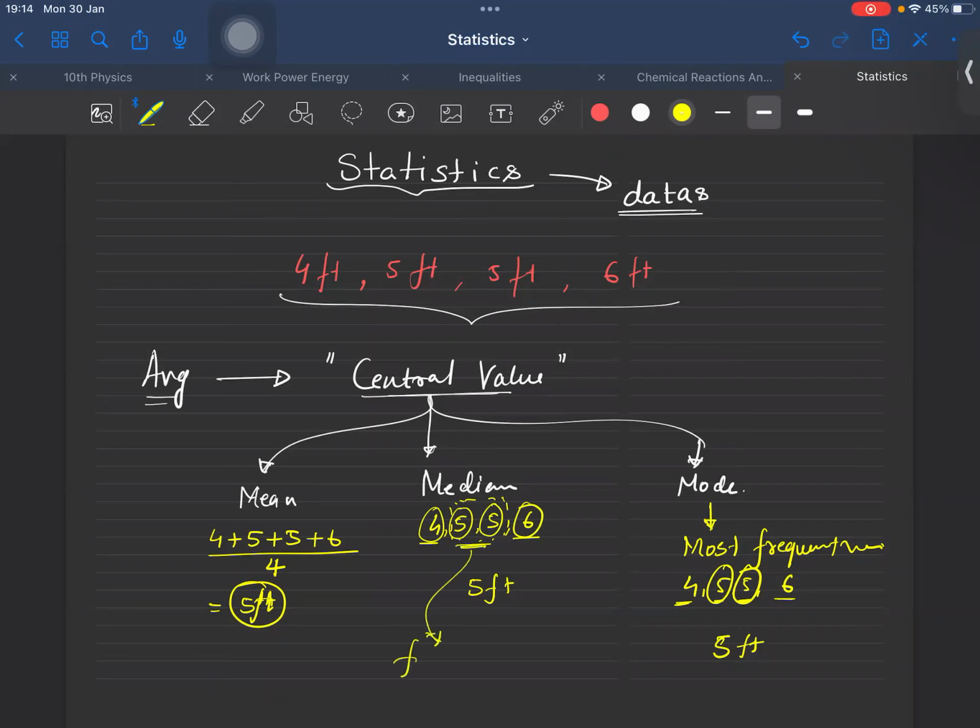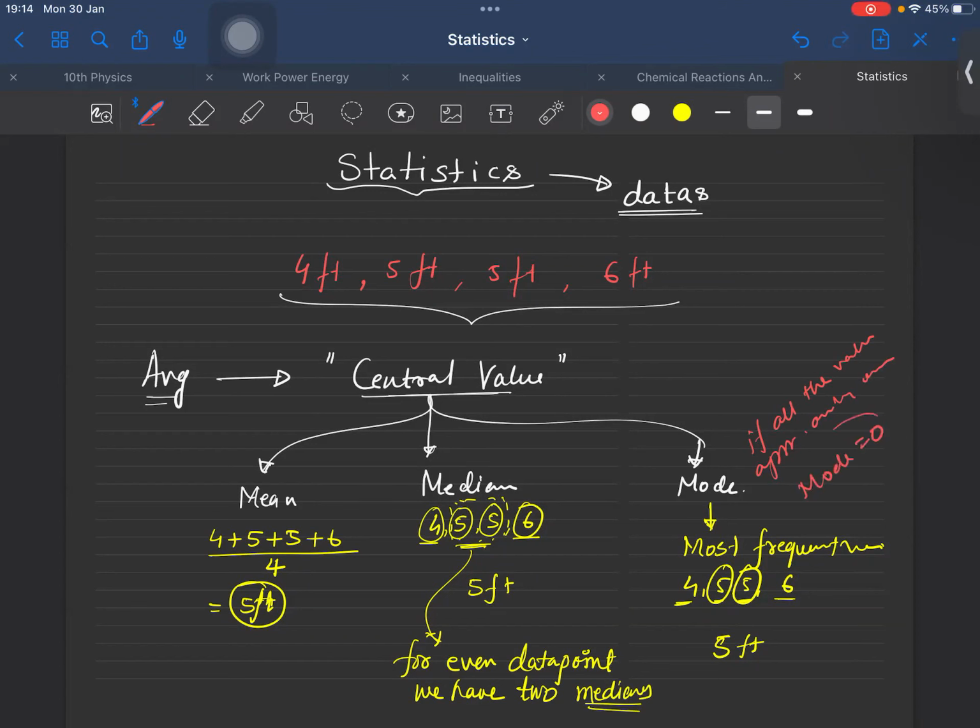And for mode, if all the values appear only once, then there is no mode.